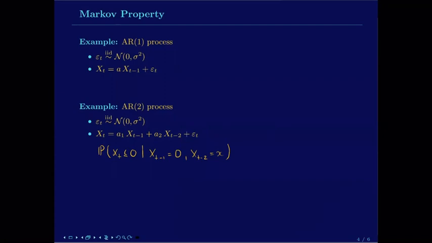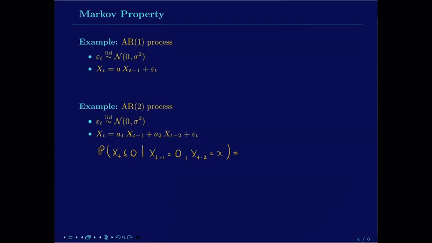Now, according to this equation here, this value then will be a2 times x. So we have a normally distributed random variable with mean a2 times x and variance sigma square.